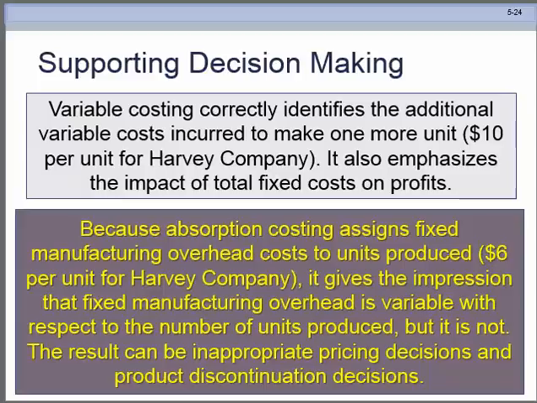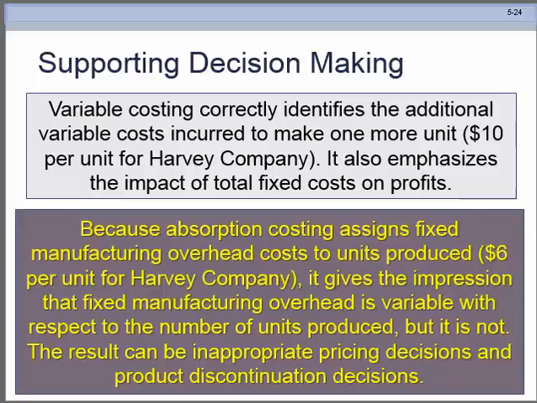Absorption gives the impression that fixed manufacturing overhead is variable. Now, I know that sounds kind of crazy and backwards, but that's the impression it gives with respect to the number of units produced, but it's truly not. It can lead to inappropriate pricing decisions and product discontinuation decisions.